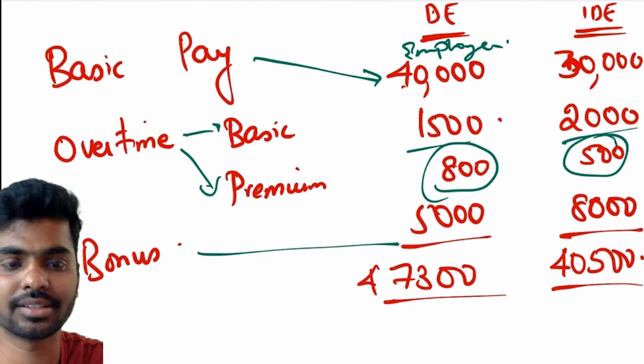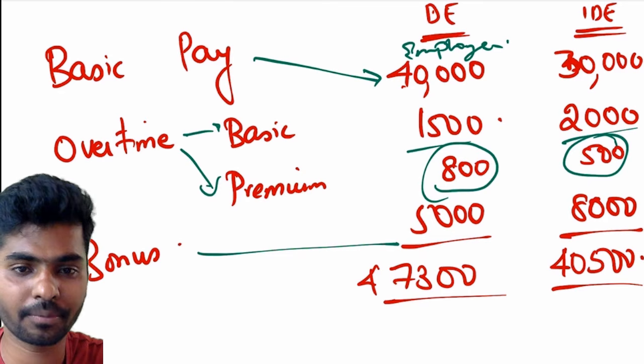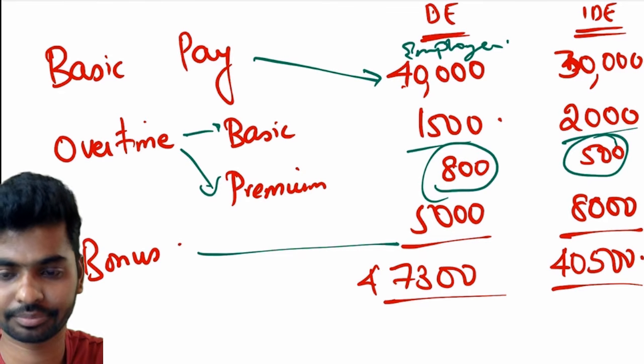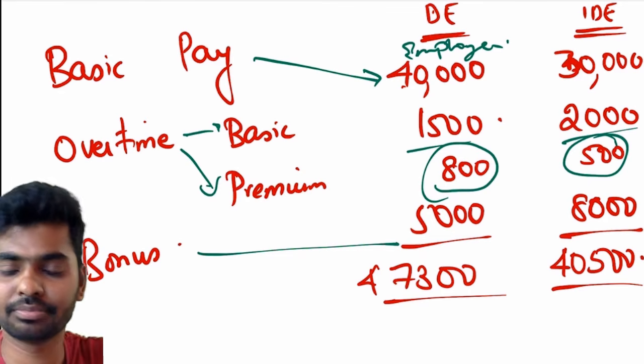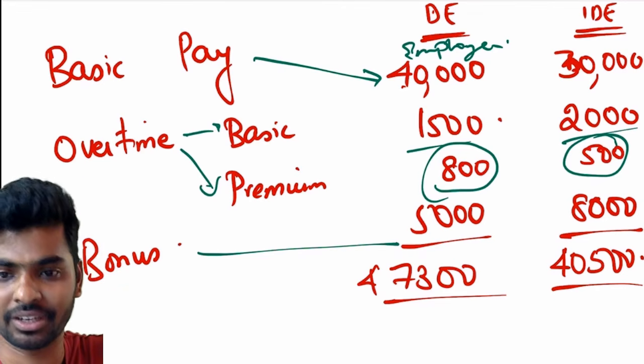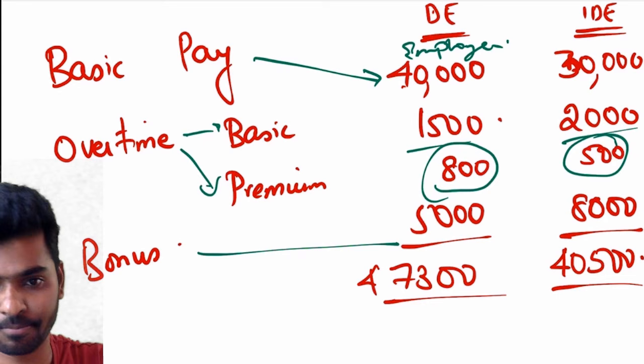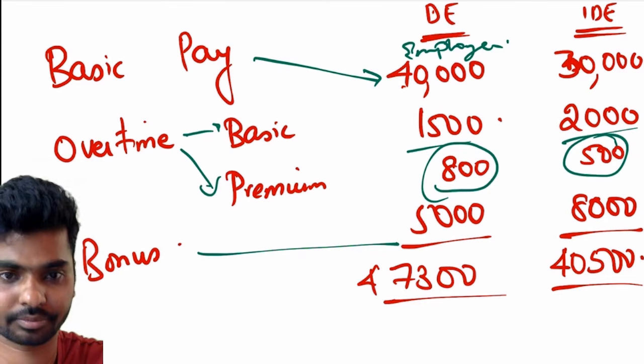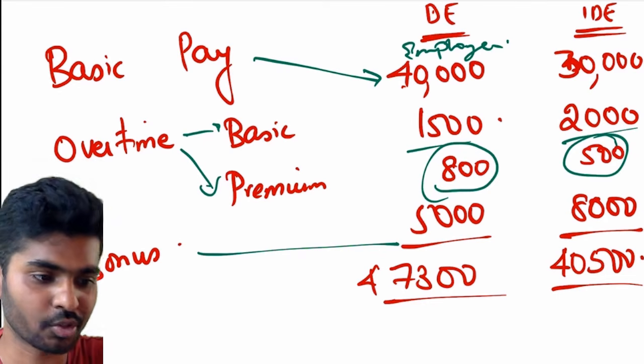Okay, what's the answer, guys? So what I will do right now is I will ask you guys one by one. You have to tell me whether that's a part of a direct cost or an indirect cost, right? So let us start the solution.